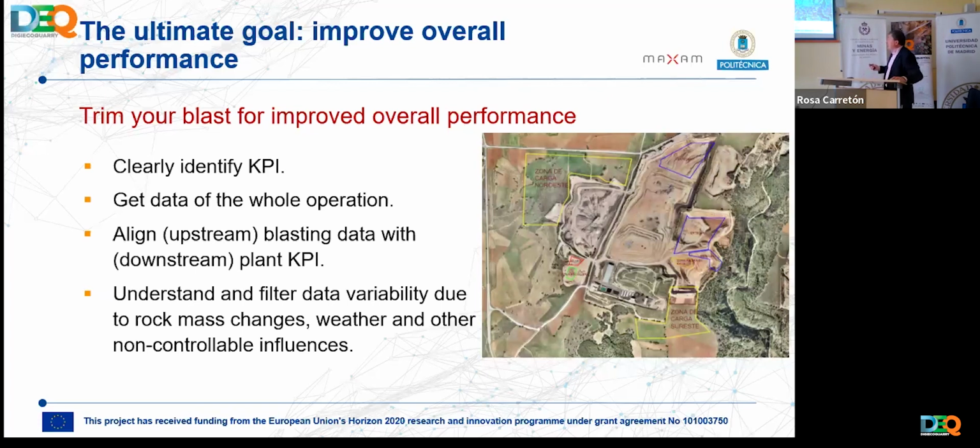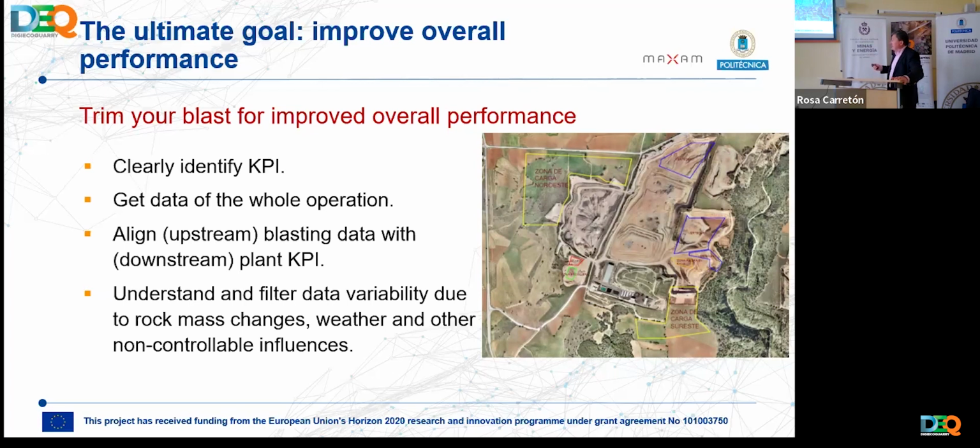Get data of the whole operation, not only of the blast, but also other parts of the operation, especially in the plant, in the crushing, and in the classification plant, and also if it's a mine with a more complex processing plant with grades, etc., etc.